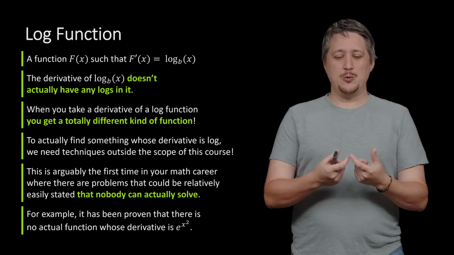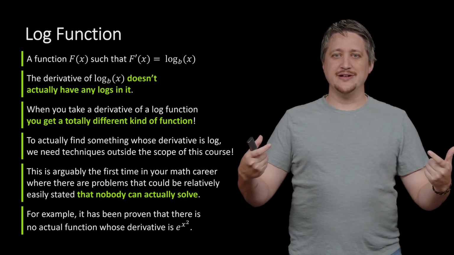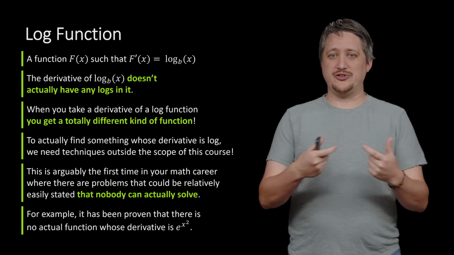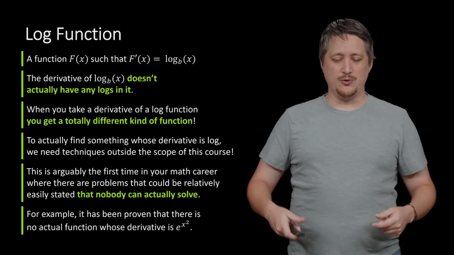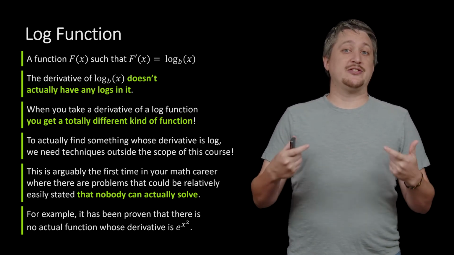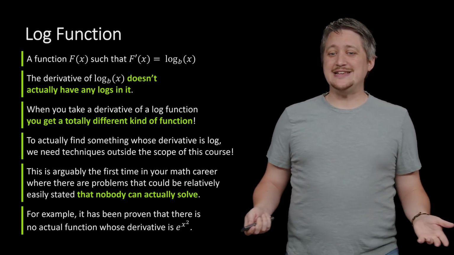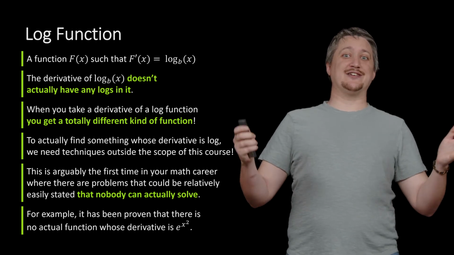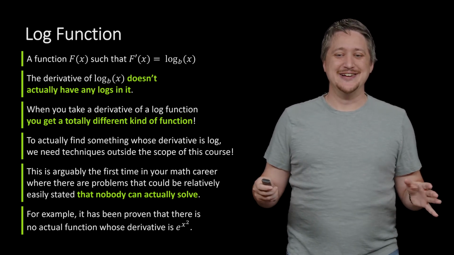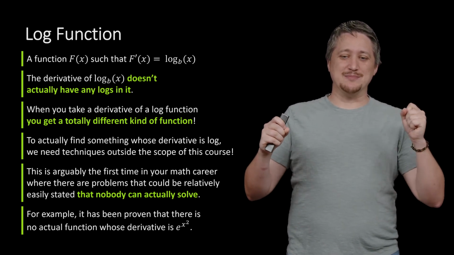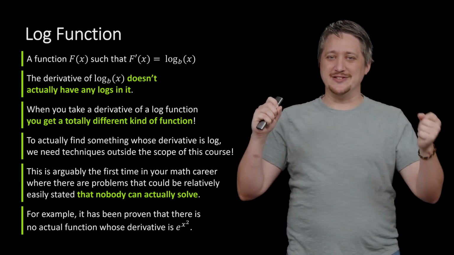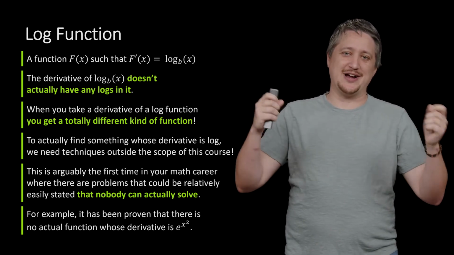There's no way of writing down an expression composed of all functions that you have seen before, such that when you take the derivative of that thing, you get e to the x squared. And it's not like e to the x squared is some crazy exotic function, right? It's not like I've masterminded some crazy sum, difference, and put in division and all kinds of other things.